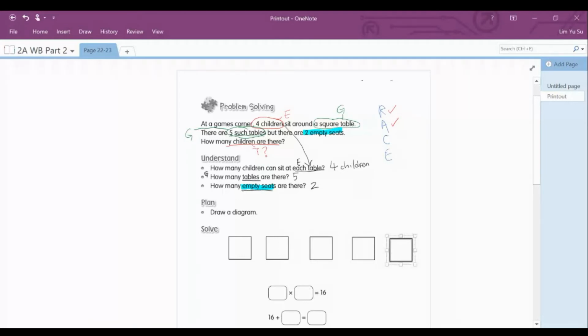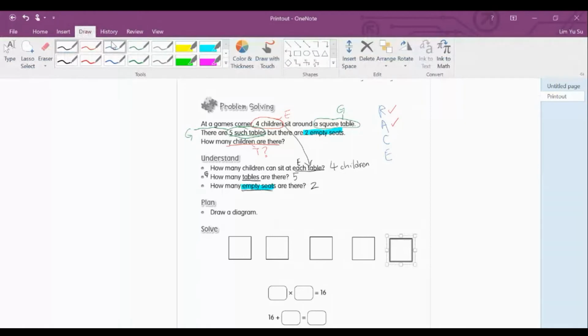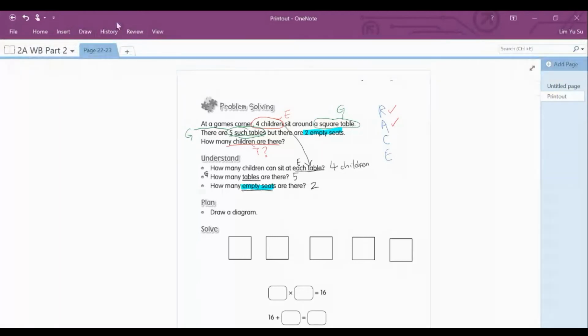So there are 5 such tables. Let's say I'm going to use a highlighter to mark out the seats. There are 4 children who can sit around the table. So 1, 2, 3, 4. So this table is full.